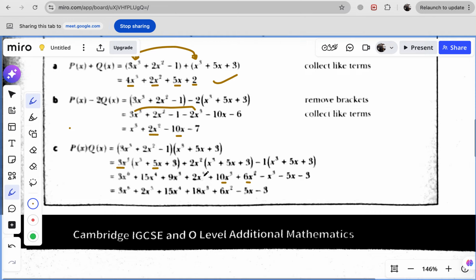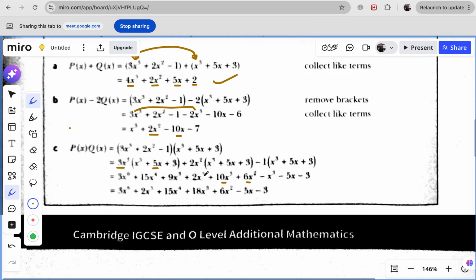Okay, there are 3 terms. So 9x to the power of 3 plus 10x to the power of 3, that's already 19x to the power of 3. Then minus x to the power of 3, you get 18. That's how we got this. Meaning we are adding this one, and this one. Let's look for the power 3. Oh, sorry for cancelling out.